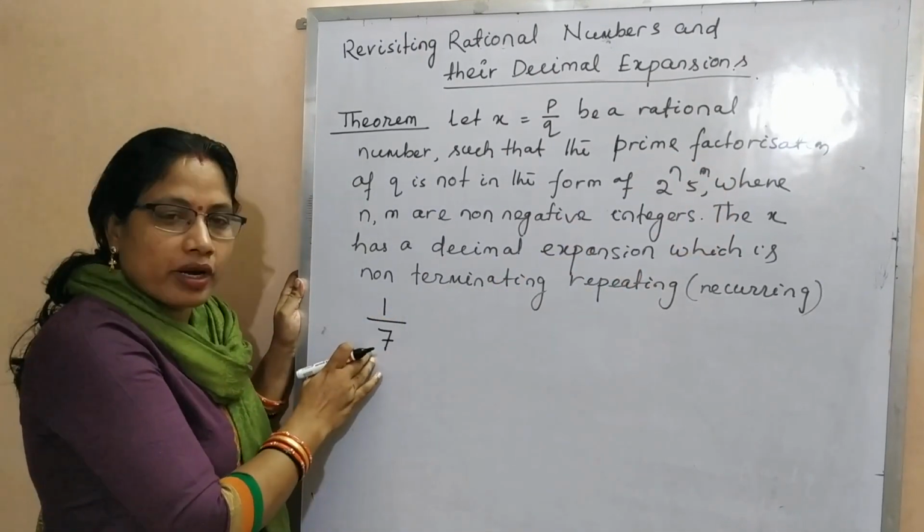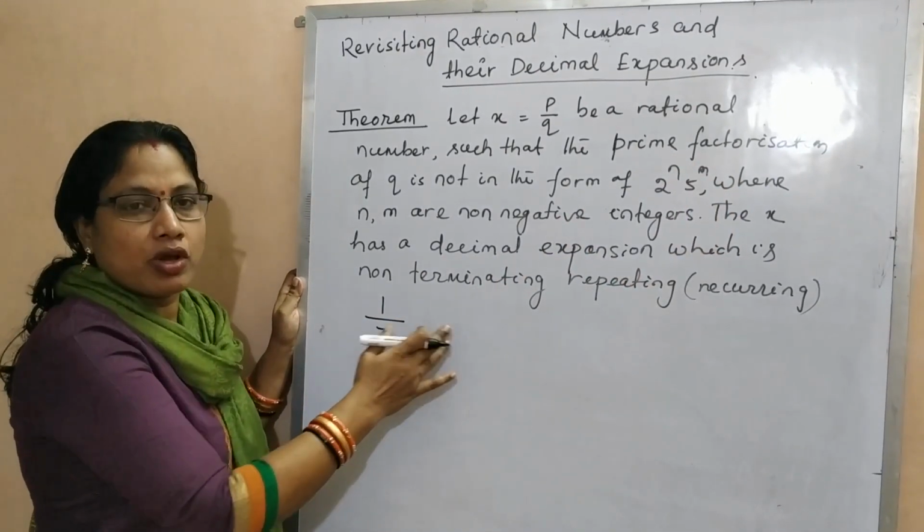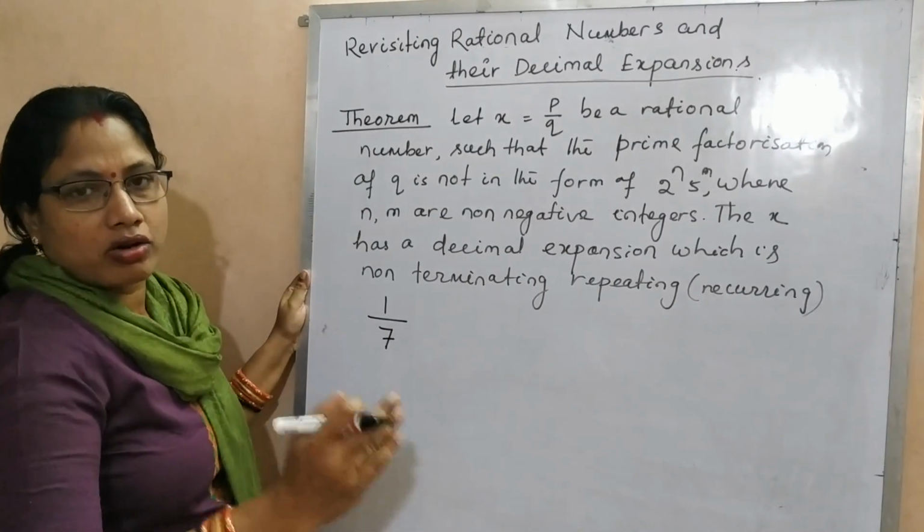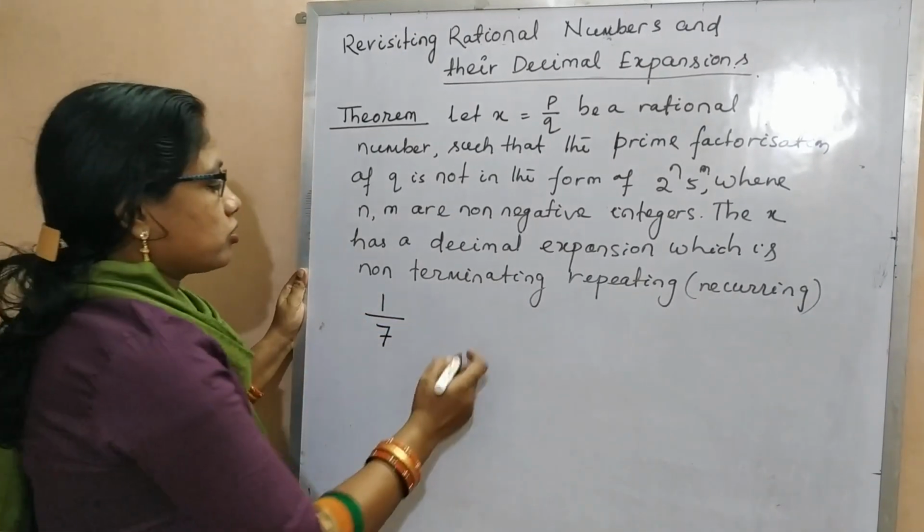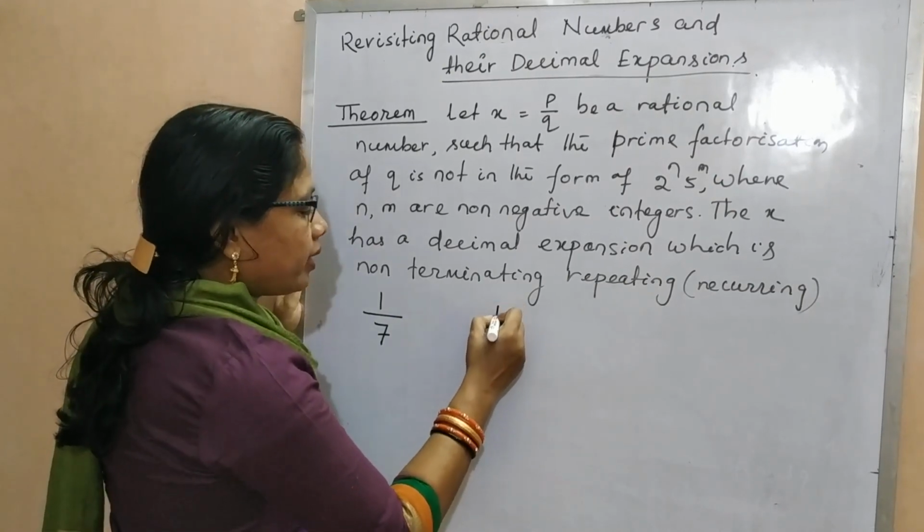So let us convert it into a decimal expression, to see whether it is terminating or non-terminating repeating. 1 by 7 we can find like this.